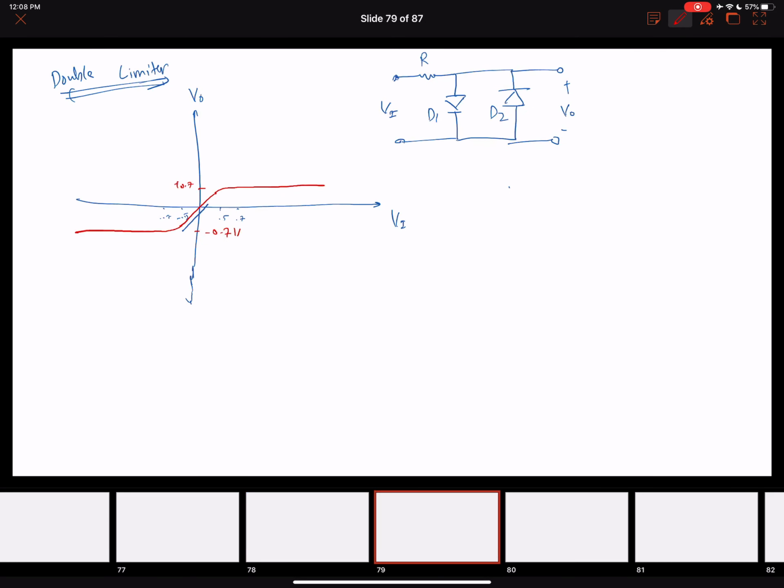When our VI is less than minus 0.5 volts, our D1 becomes forward biased. When VI is above 0.5 volts, our D2 becomes forward biased, right? So in this region this becomes forward biased and starts to limit the circuit, and when it goes above over here, this will start to limit the positive waveform, right?